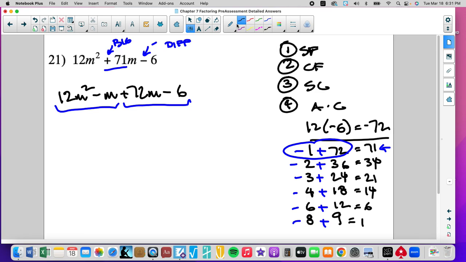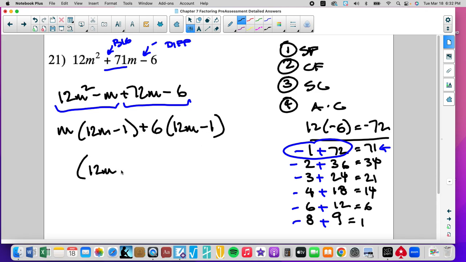Group those. We can factor out an m. That's 12m minus 1. Factor out a 6, and that is 12m minus 1. 12m minus 1 and m plus 6.